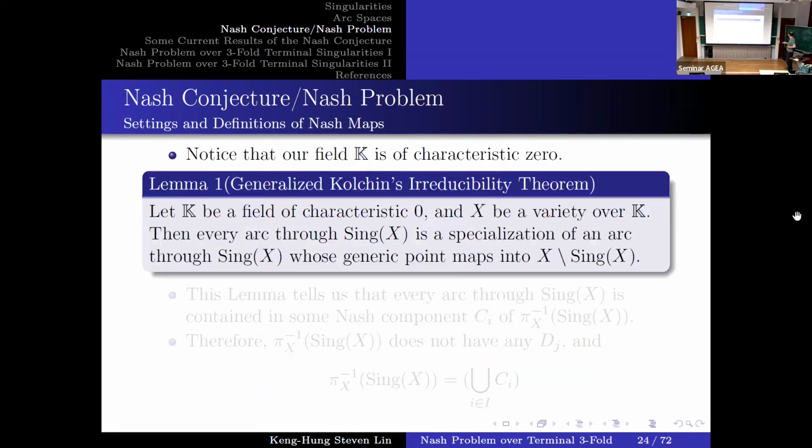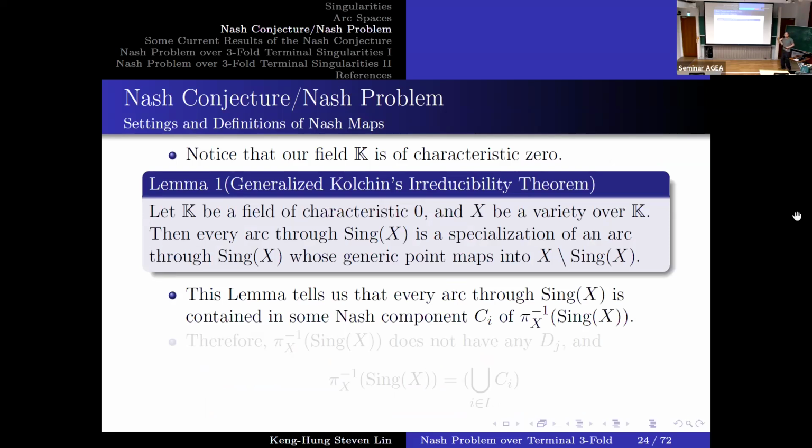However, you see that this Dj is pretty complicated, right? However, in our case, we don't need to care about this. Why? Because our K is characteristic 0, and so maybe let me briefly skip this. This is the theorem of Cauchy's. You don't need to care about the details of this lemma. This lemma essentially tells you that if your ground field is of characteristic 0, there will be no Dj in our Nash set.